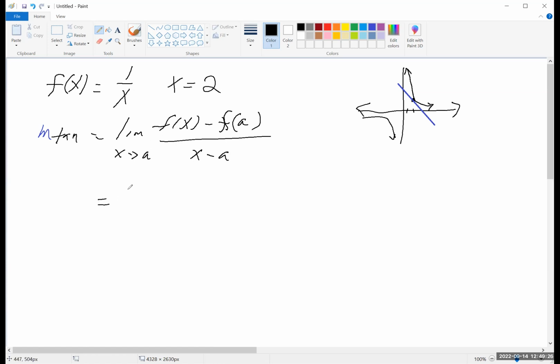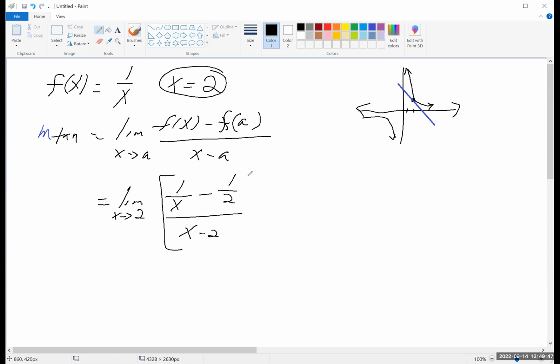And so in this case, we're looking at the limit of 1 over x minus, now we have to identify a, in this case is 2. And so this is 1 over 2, and then x minus 2. So we're going to use a little trick here, because obviously I can't just directly plug in the 2.